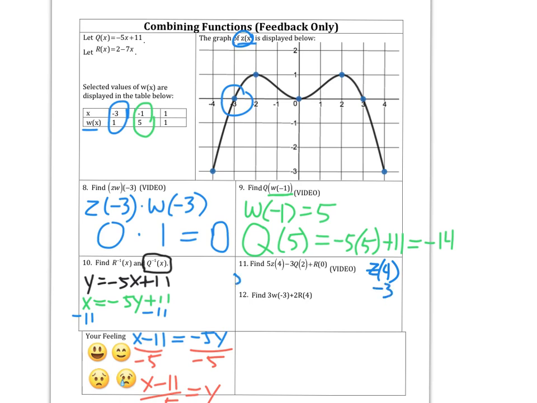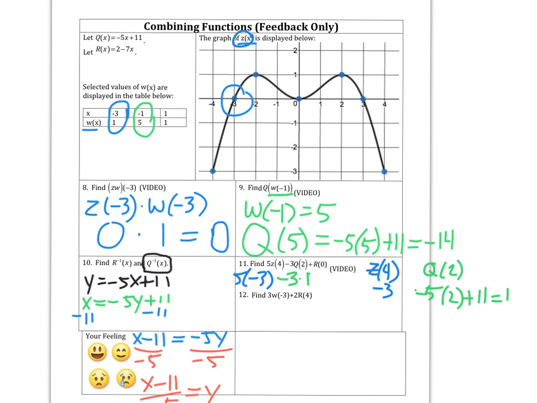So we're looking at 5 times -3. Okay, next up is going to be q of 2. Q of 2 is going to use that first equation, -5 times 2 plus 11, which equals 1. So that's going to be -3 times 1.